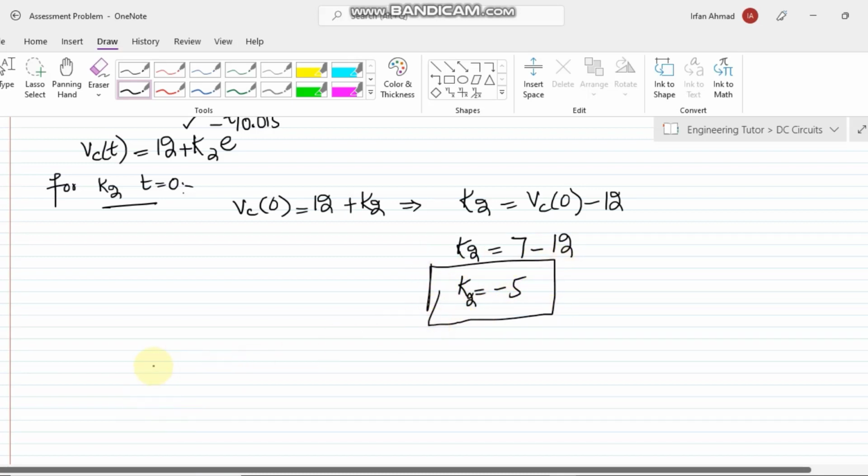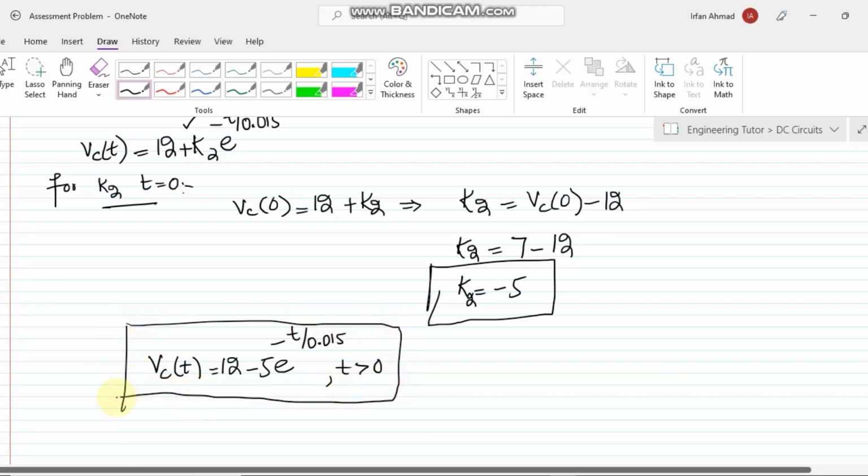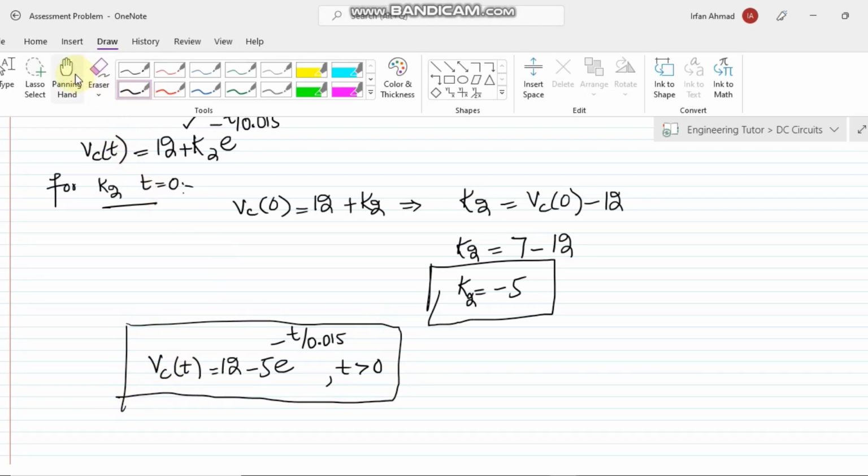So therefore now putting all the values in the equation, what I will get, VC(t) will be equal to 12 minus 5 exponential of minus t over 0.015, and that is for t greater than 0. So that is the answer which this question asked us to find out.